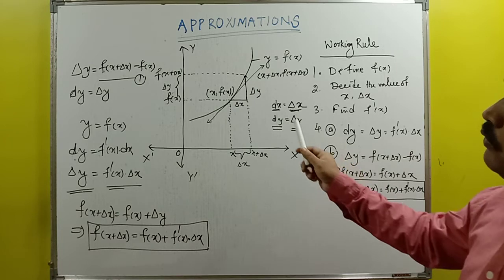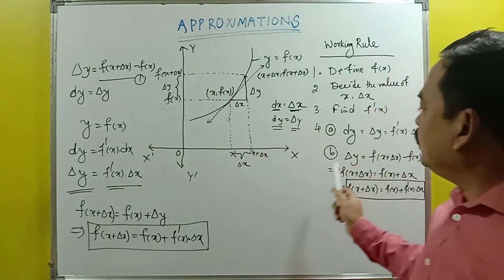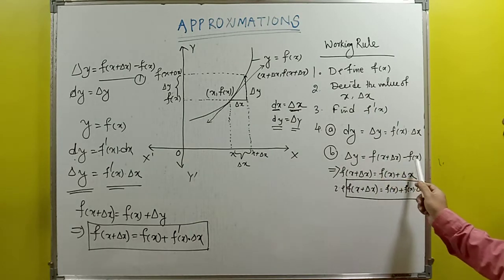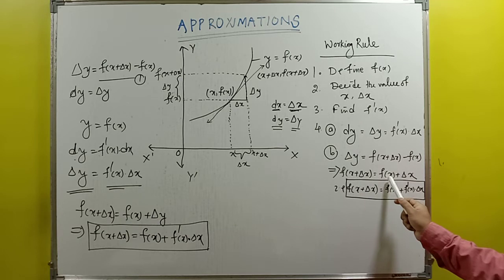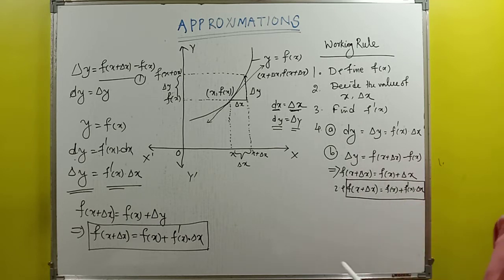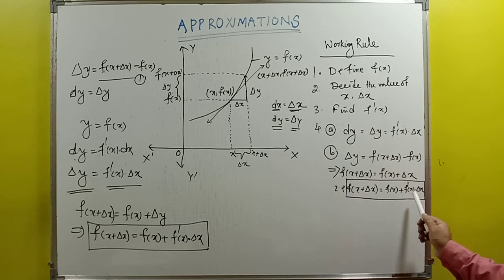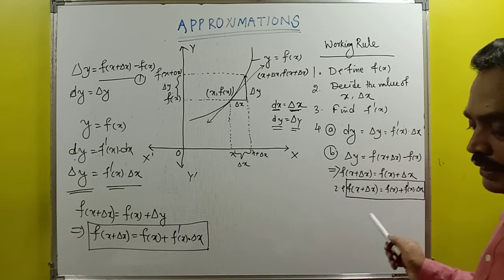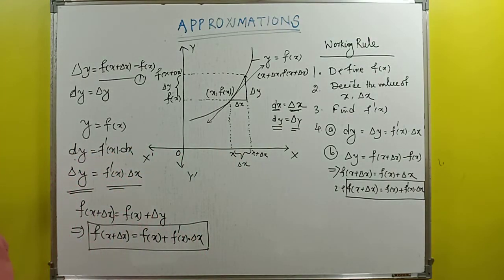But del y we know is f of x plus del x minus f of x. Transposing to that side, f of x plus del x is equal to f of x plus f dash x into del x. So this is the basic concept of approximation.